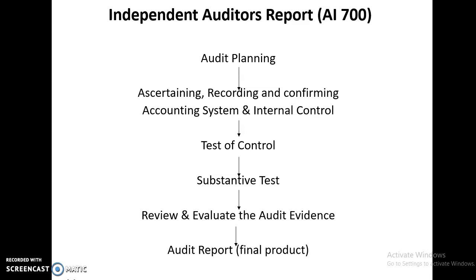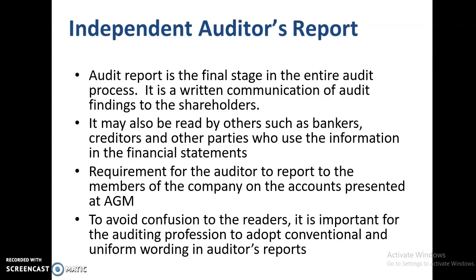So basically, audit report or independent auditor's report is actually the final product of our services. Now, the independent auditor's report, as I mentioned just now, is the final stage of the entire audit process. Basically, it's a written communication of audit findings to the shareholders.